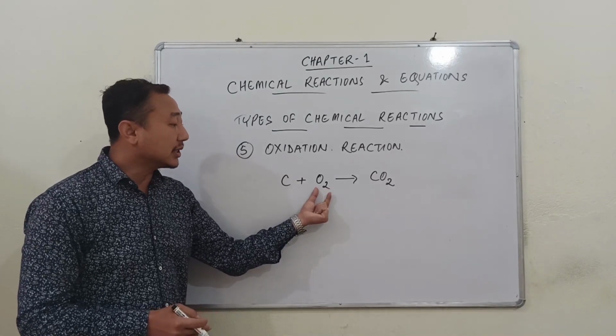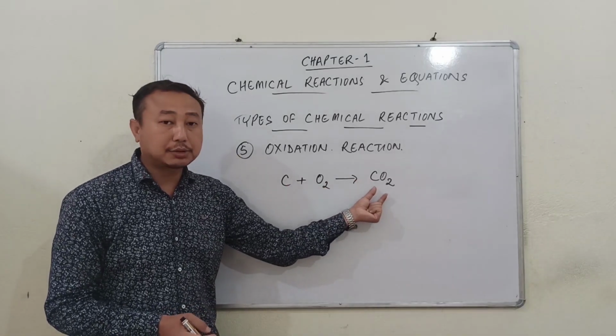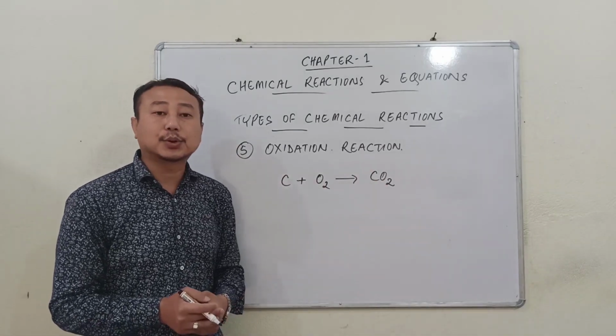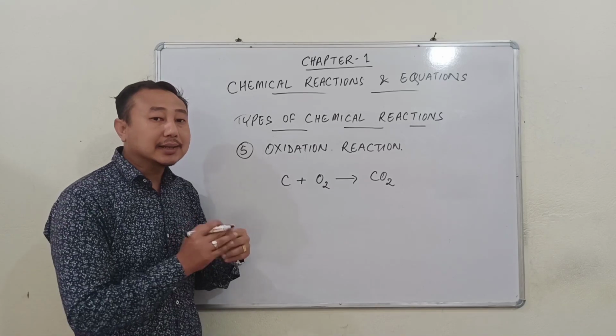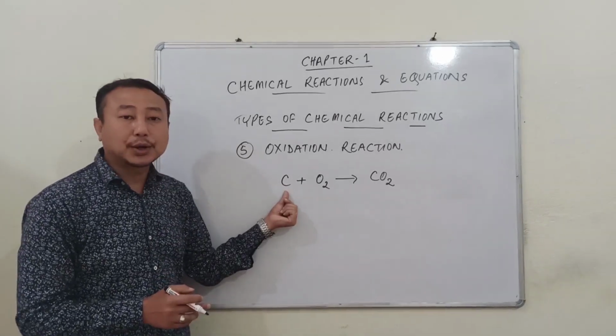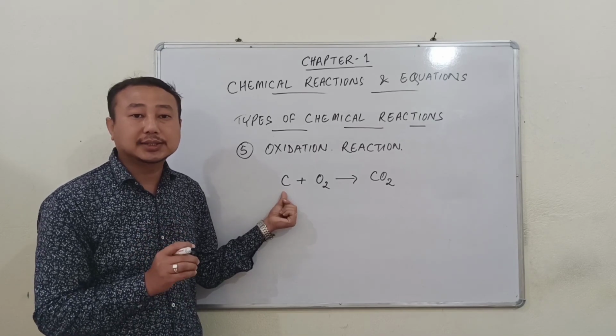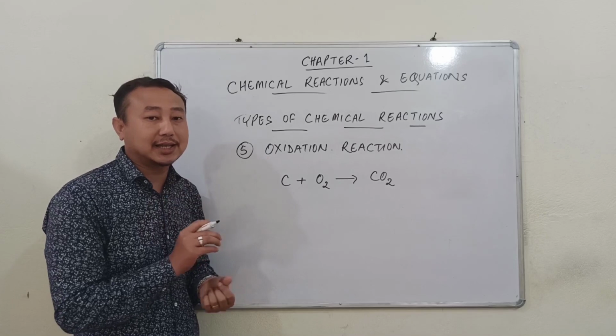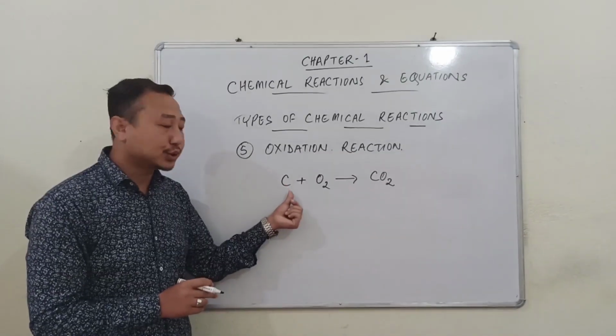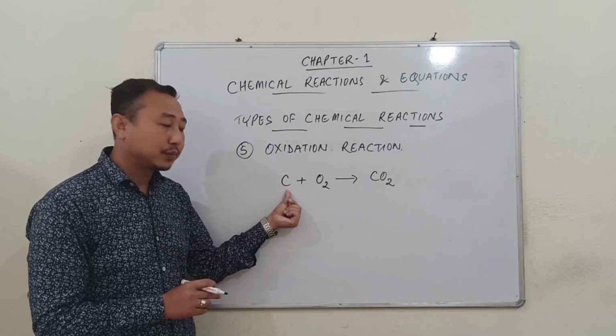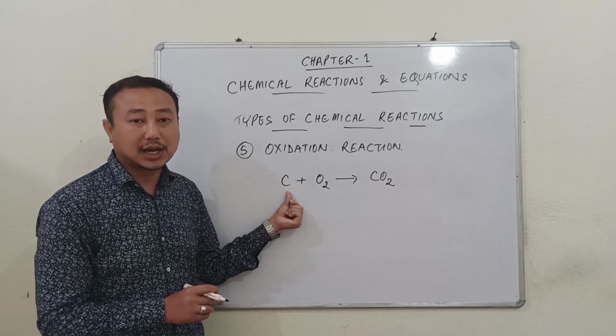As oxygen is added to carbon to form carbon dioxide, we can call this reaction an oxidation reaction. Here in this reaction, carbon is the one which gets oxidized. The substance which gets oxidized is the one to which oxygen is added. So in this reaction, as oxygen is added to carbon, we can say that carbon gets oxidized.